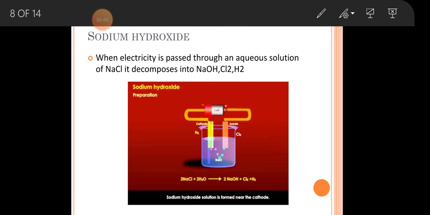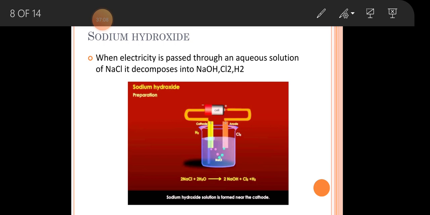Now looking at the picture, you must be able to understand that we are going to discuss the preparation of sodium hydroxide. Just now we saw sodium chloride. We obtain it from nature through seawater. Now, sodium hydroxide is obtained by using sodium chloride as the most important raw material.